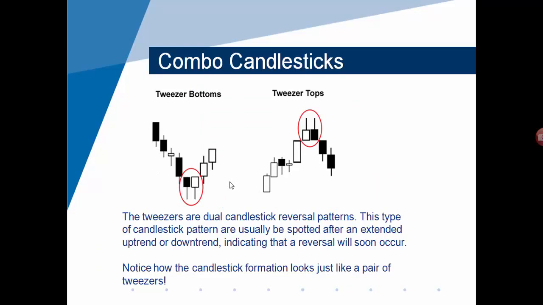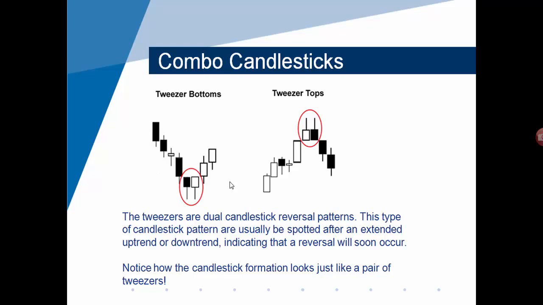Another set of candlestick patterns that are not all that significant, but they can be a good signal, are your tweezer tops and tweezer bottoms. Now, the tweezers are dual candlestick reversal patterns. This type of candlestick pattern is usually spotted after an extended uptrend or downtrend, indicating a reversal will soon occur.